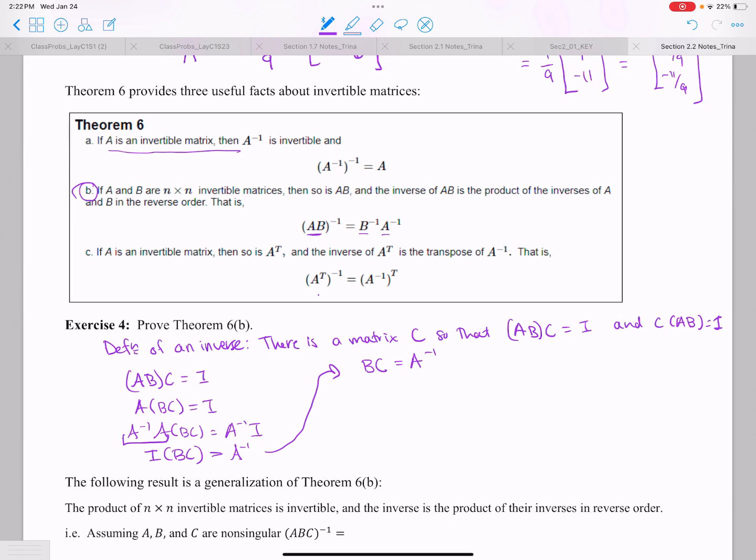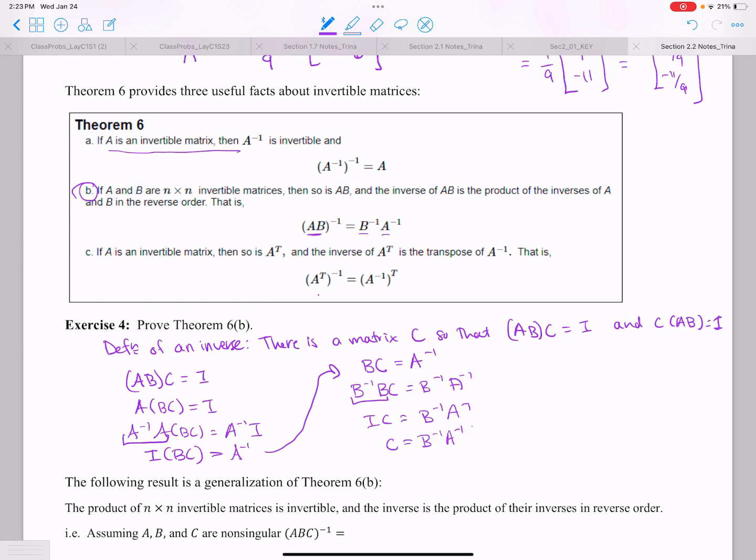Now if I multiply both sides on the left by B inverse, the B inverse B is the identity. And then I get C equals B inverse A inverse.